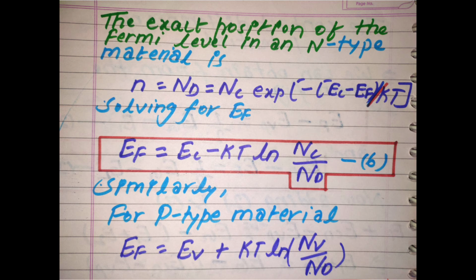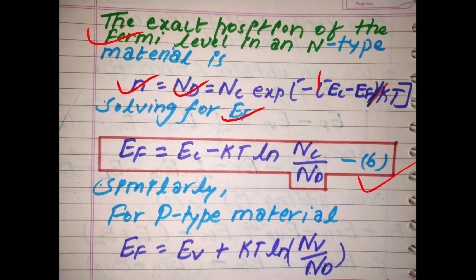Now the exact position of the Fermi level in an n-type material can be found as follows. n is equal to Nd, the concentration of electrons, which is equal to the concentration of donor atoms, is equal to Nc into exponential to the power minus the bracket Ec minus Ef upon Kt. If we solve this expression for Ef, we get Ef is equal to Ec minus Kt ln of Nc upon Nd. This is our equation number 6.